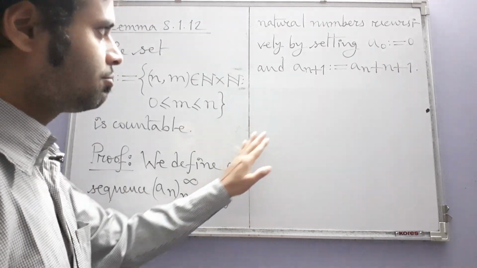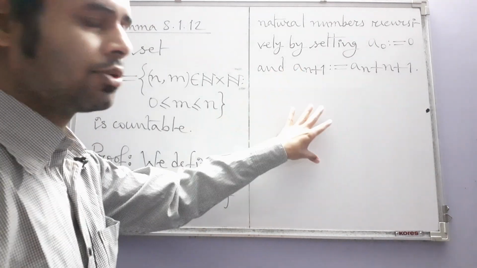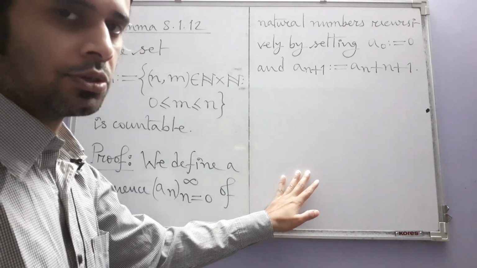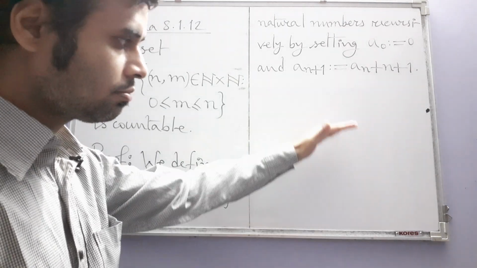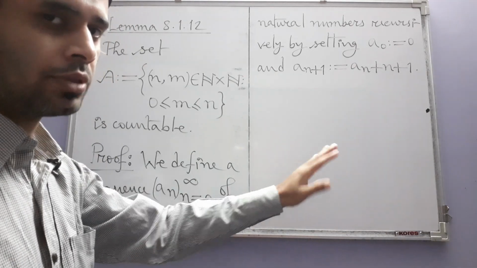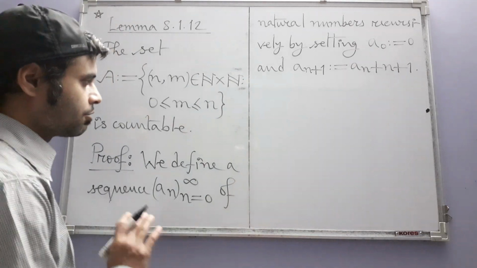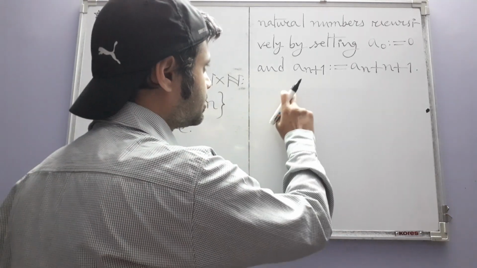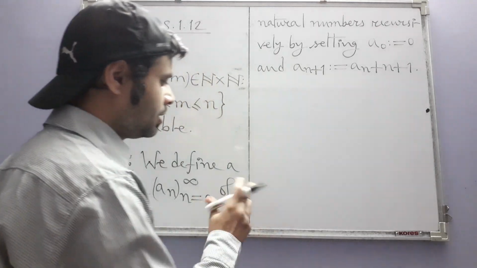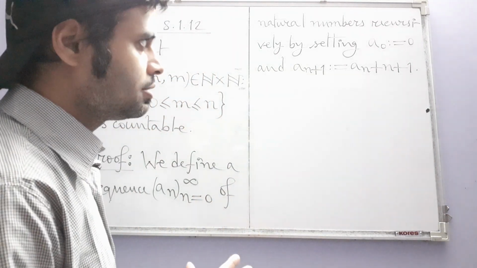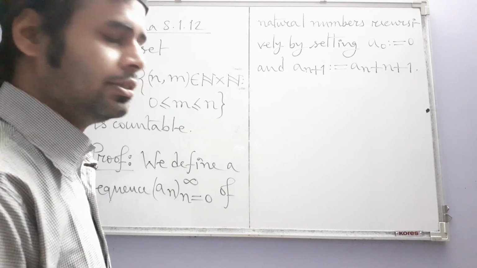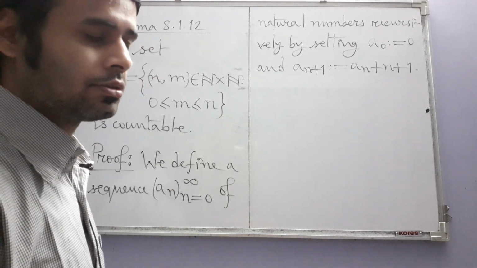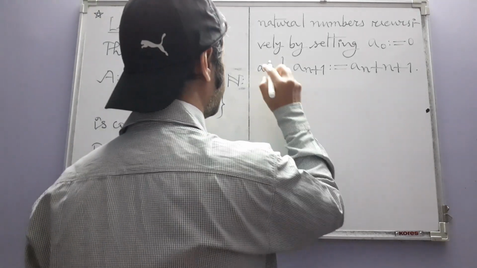But now we are in fact interested in something else about this sequence which will be helpful to us in the proof that we are going to do. This is only the beginning, and that thing is that this is not just simply a sequence of natural numbers, but it is strictly increasing. That we now have to prove.